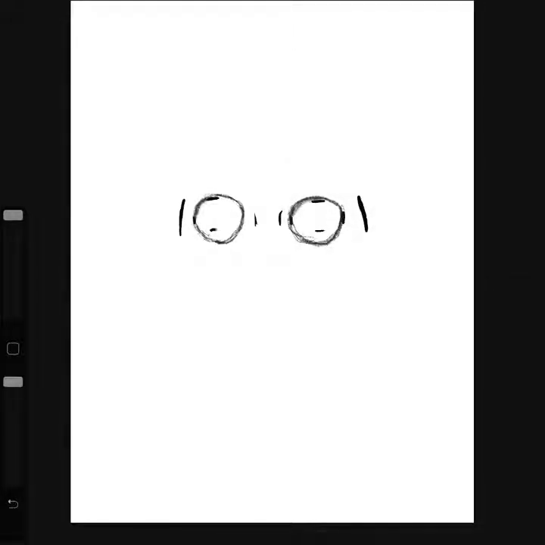So what I mean by straight across is you want to draw a line right down the middle of your eyes. So if you had eyes that are slightly tilted, you would maybe want to draw the angle like this. But I feel like mine are pretty straight across. Pretty boring.